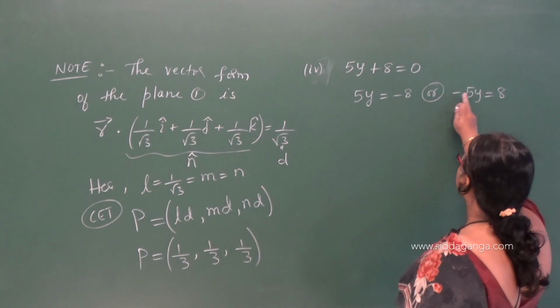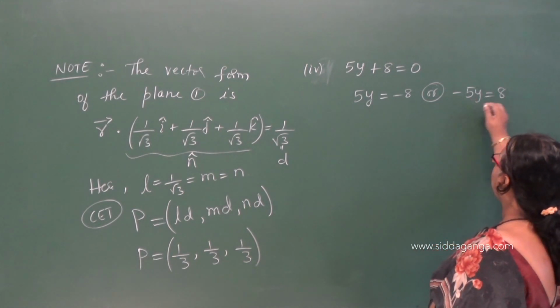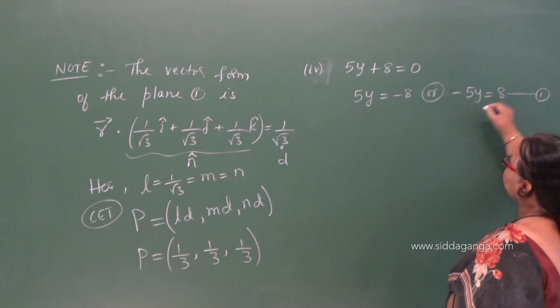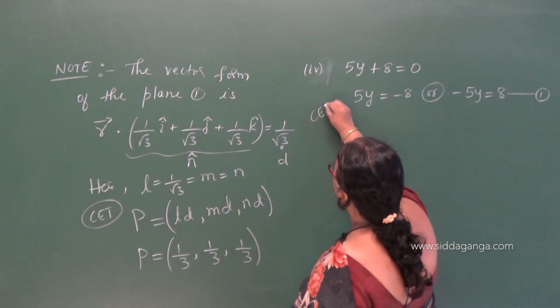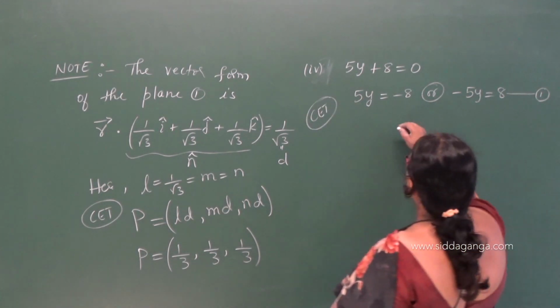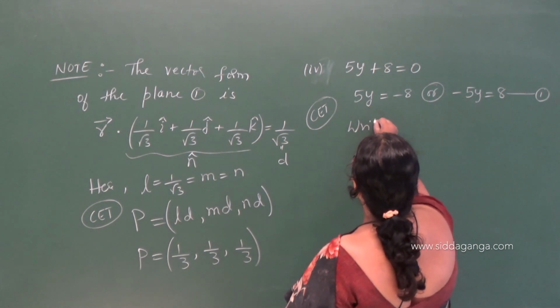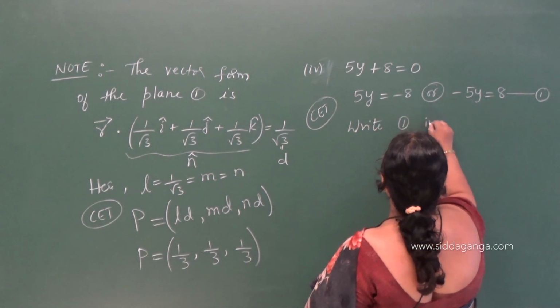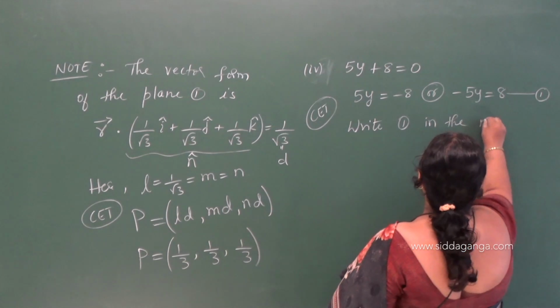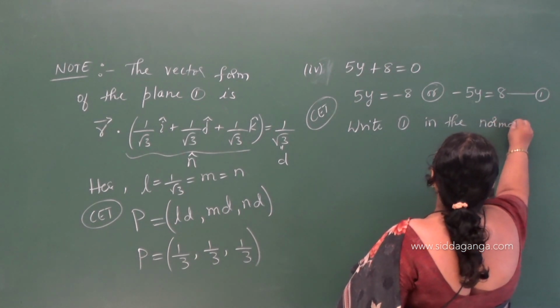Here we have no x and z, so you write this as equation 1. This is asked in the competitive part: write equation 1 in the normal form.